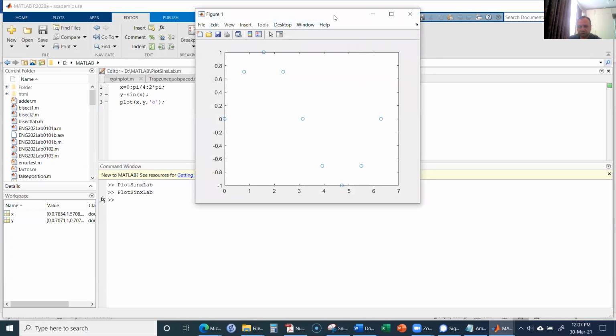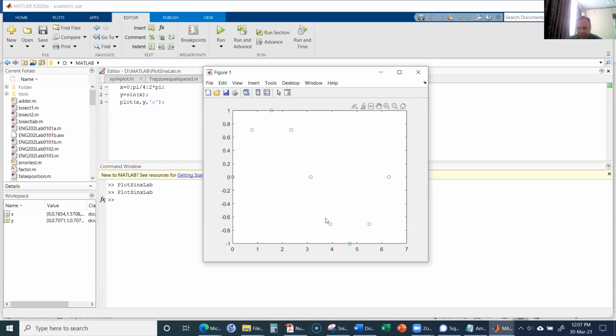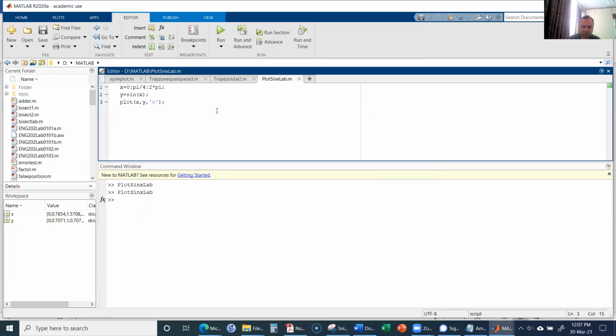So what is my next step? My next step is that I want to interpolate between the given points. Suppose these are the given points. I want to interpolate between them. For this, I can use the interp1 function in Matlab.